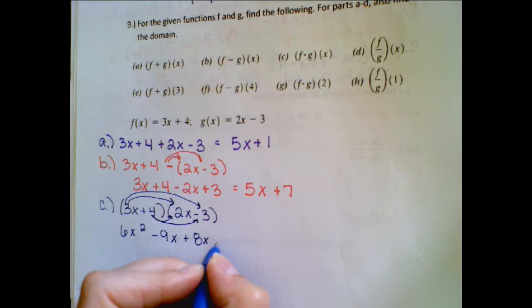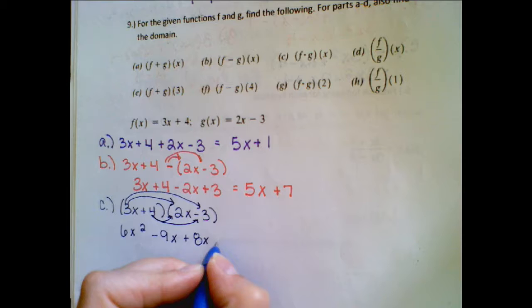D, we're going to divide f of x divided by g of x, so for D, we have 3x plus 4 divided by 2x minus 3. Now notice I'm going to need to have a domain on this one because I have a denominator.